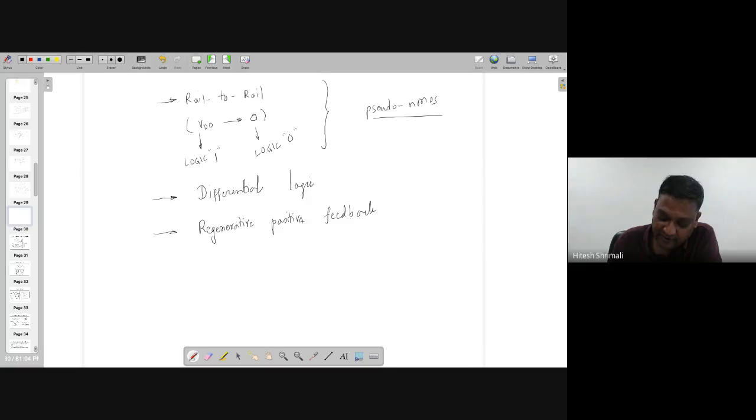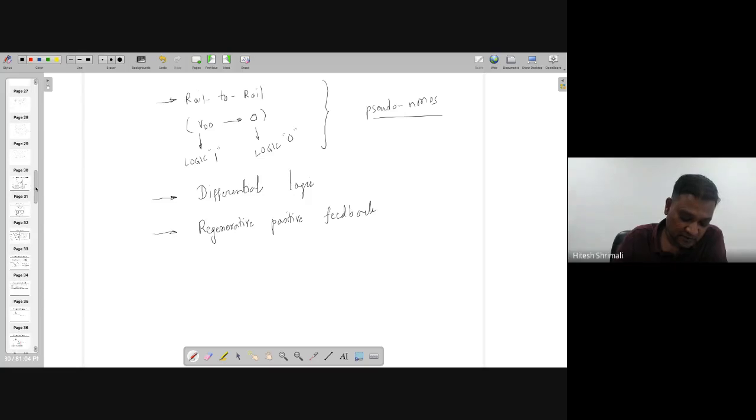Positive feedback will make sure that whatever glitches and other things are coming within the propagation delay will be removed. That is also the role of a latch.